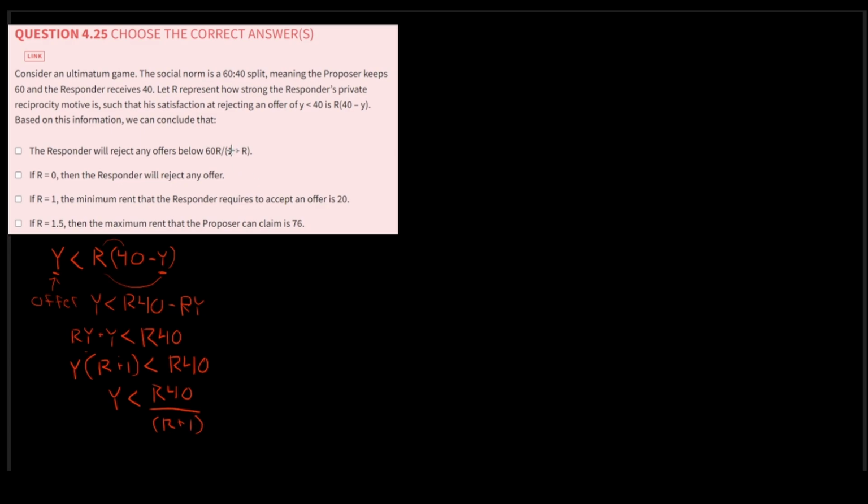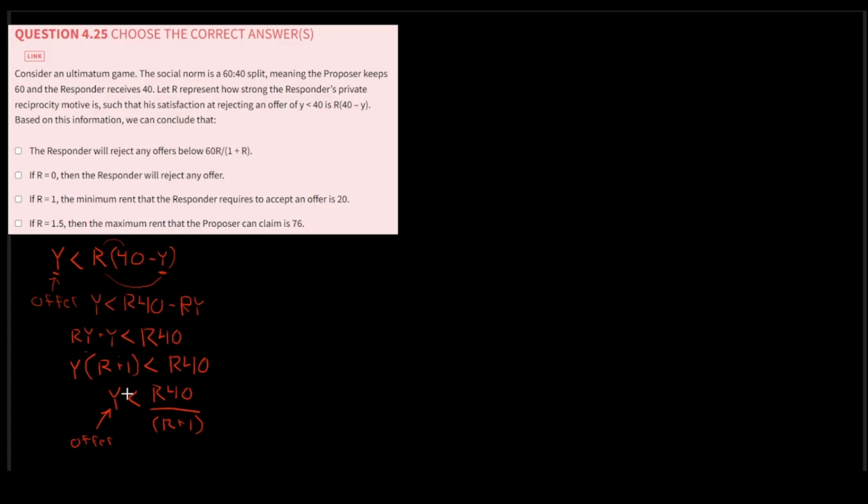I say it doesn't really matter because I just saw up here that they have it as 1 plus R, potato, potato. Okay, so what we essentially end up getting from here is that, this is still the same decision rule, if our offer is less than whatever this right-hand side turns out to be, we reject.